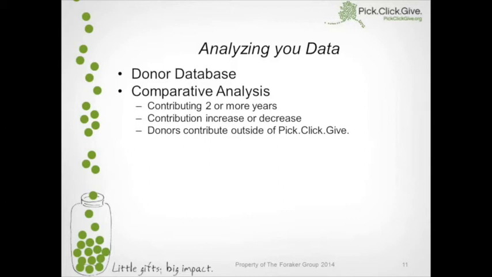And then out of your Pick.Click.Give donors, how many of them are contributing outside of Pick.Click.Give? It's a wonderful goal to help move your Pick.Click.Give donors into other methods within your organization, and not to just allow them to stay in the Pick.Click.Give realm, but to continue building that relationship and connection to the work that you do.